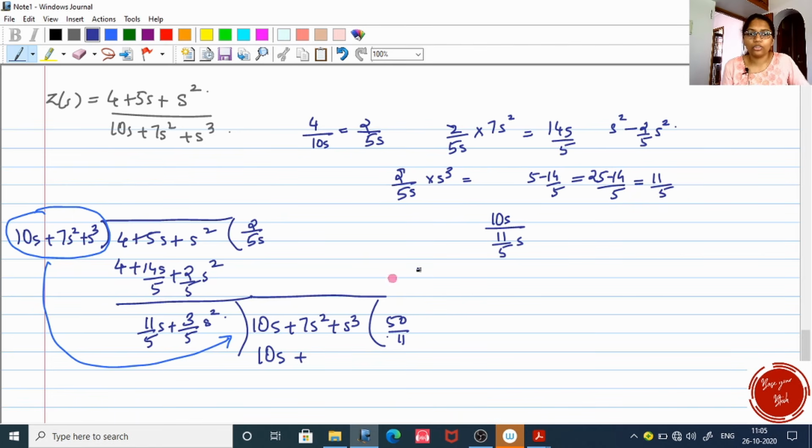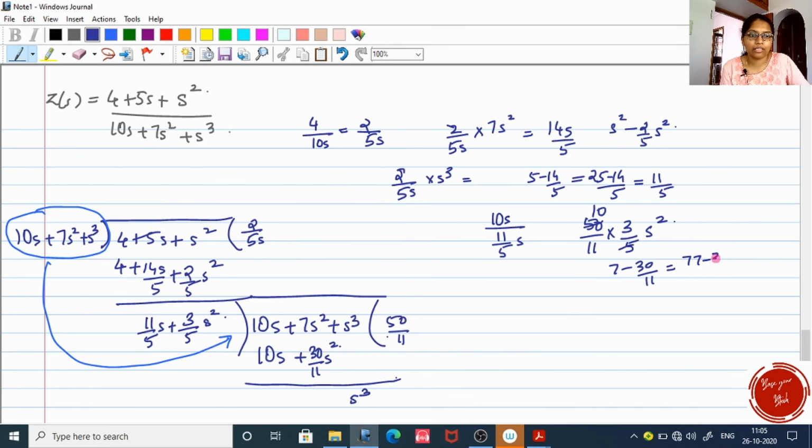50 by 11 into 3 by 5 s square, so 30 by 11 s square. Reduce it. S cube minus 0, s cube. 7 minus 30 by 11 is 77 minus 30 by 11, so 47 by 11 s square.